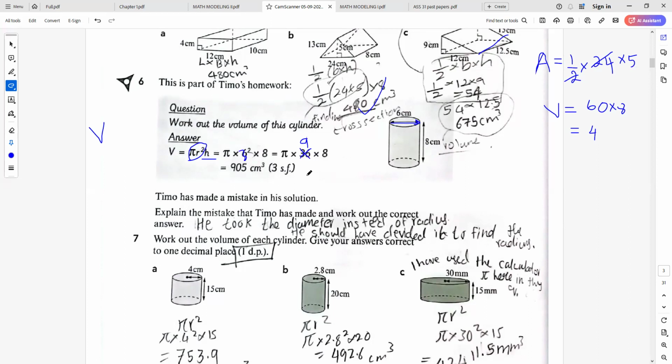Then you can use your calculator, right? So pi times 9 times 8 is equal to 226.